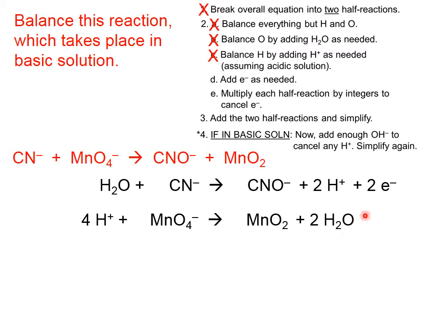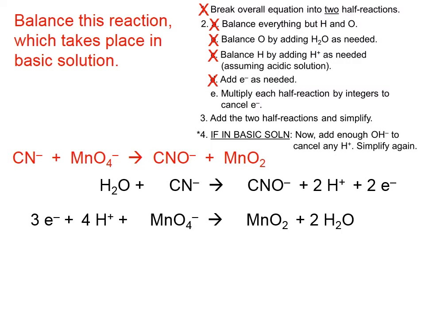For the bottom half reaction, on the right, we have a net charge of 0, and on the left, we have a net charge of 3 plus. The permanganate is 1 minus, with 4 hydrogen ions, so that's a net charge of 3 plus. Where would we put electrons, and how many, such that somehow we can make 3 plus equal to 0? I'm thinking 3 electrons on that side. So step 2D is now done.